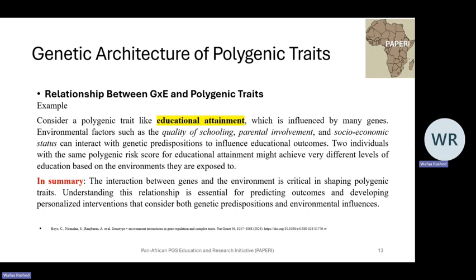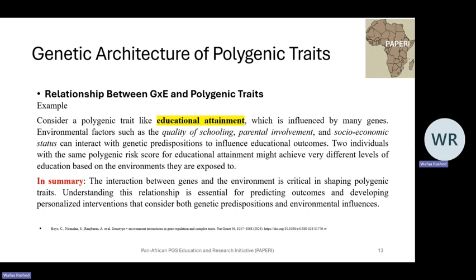Environmental factors such as quality of schooling, parental involvement, and socioeconomic status can interact with genetic predisposition to influence educational outcomes. So, two individuals with the same polygenic risk score for educational attainment might achieve very different levels of education. Why? This is based on the environment they are exposed to.